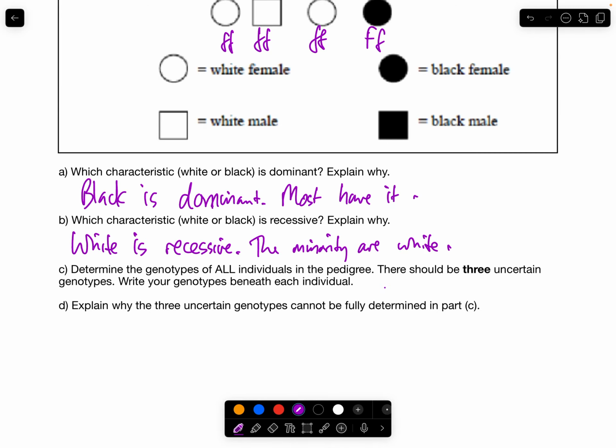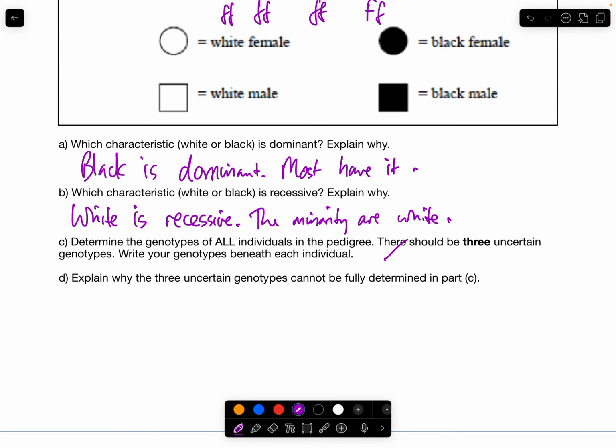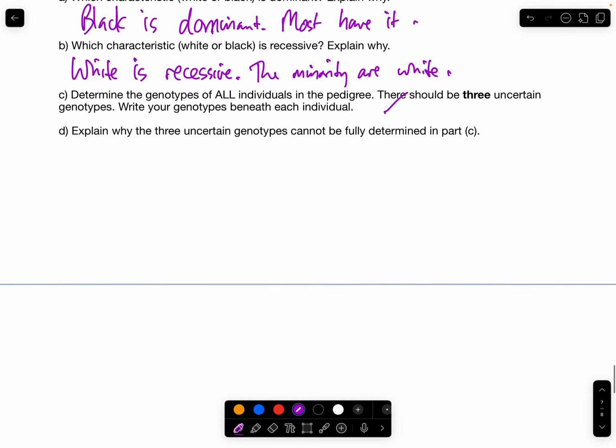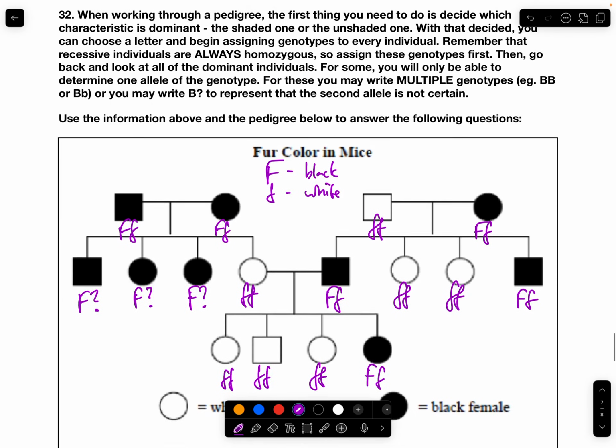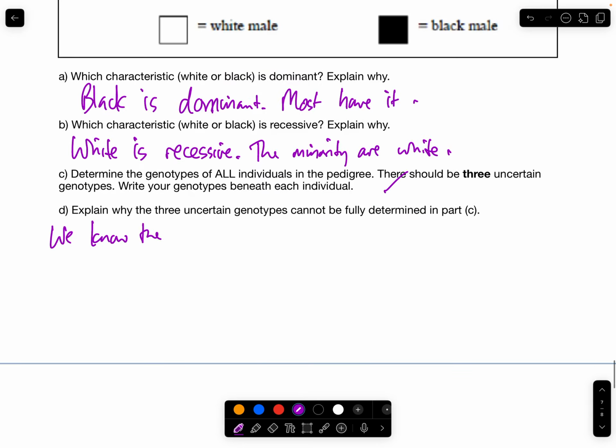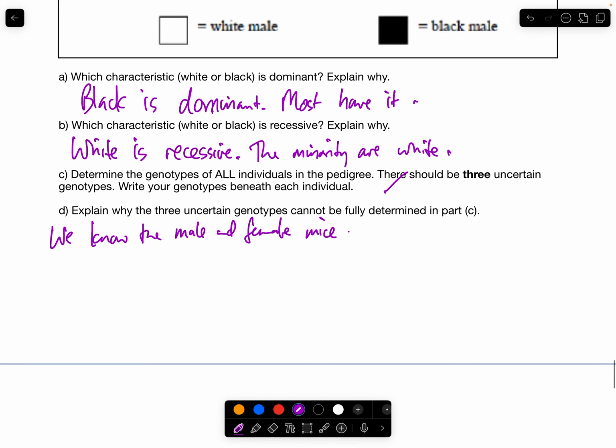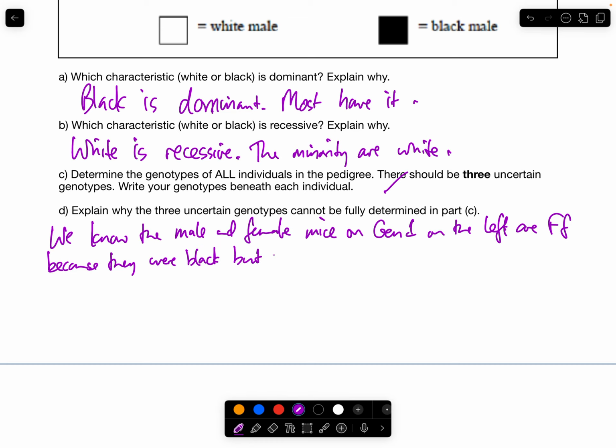We did C. Explain why 3 uncertain genotypes cannot be fully determined in part C. We know the male and female mice on Gen 1 on the left are capital F, small f, because they were black but had a white kid.